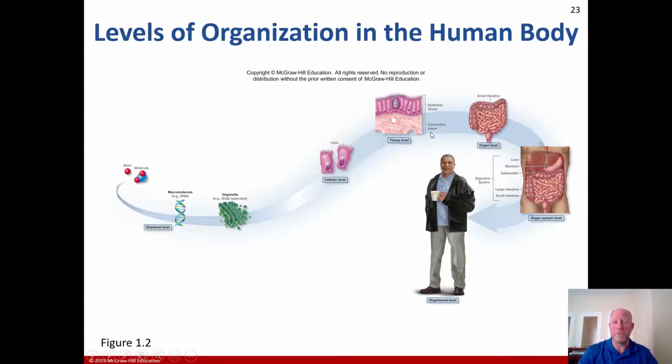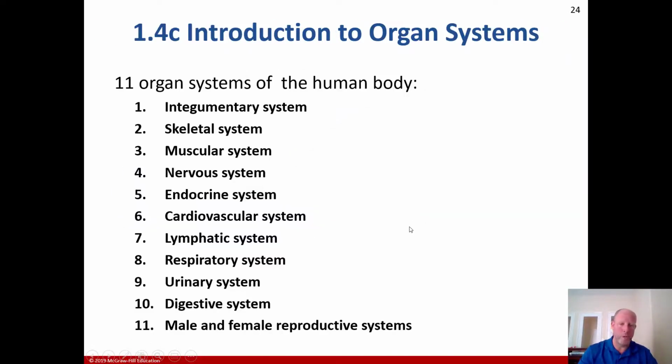From the standpoint of epithelial tissue and connective tissue, you're finding them in the small intestine, and that small intestine is an organ that's part of the entire digestive system, which includes the liver, stomach, gallbladder, and large and small intestine. The digestive system is one organ system within the entire organism, which is the human being, right?